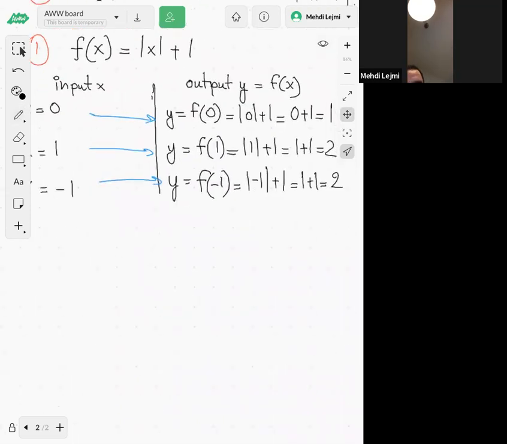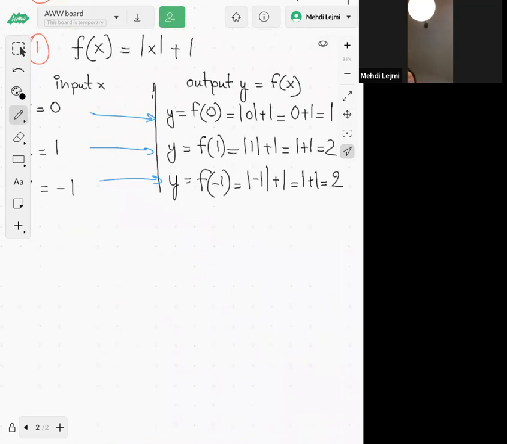So let's plot these 3 points. Here's my x-axis, my y-axis. I'm going to need 0, positive 1, negative 1 here, and on the y-axis, I'm going to need positive 1 and positive 2.